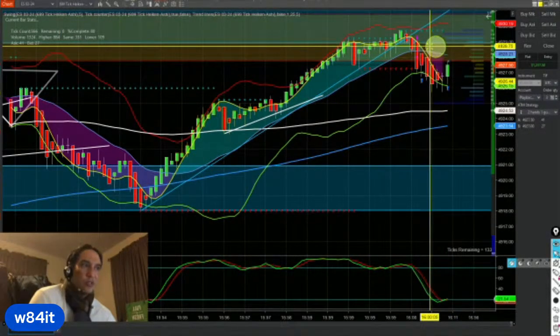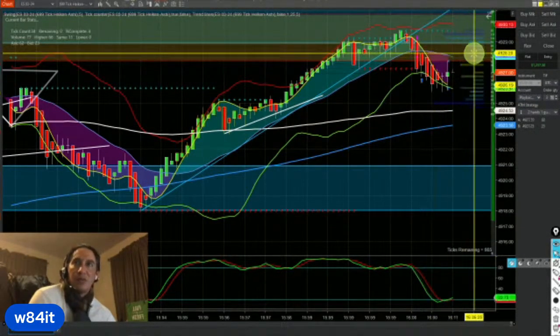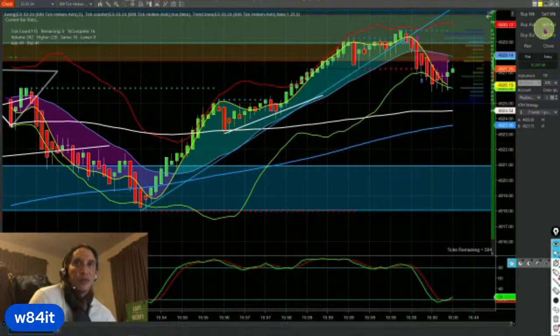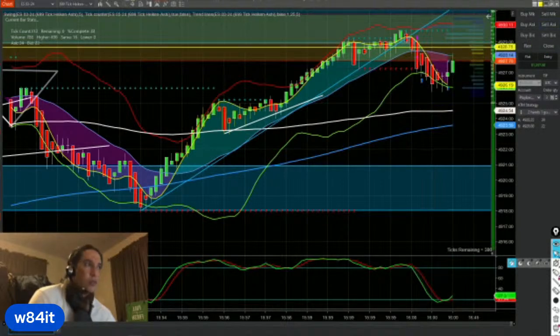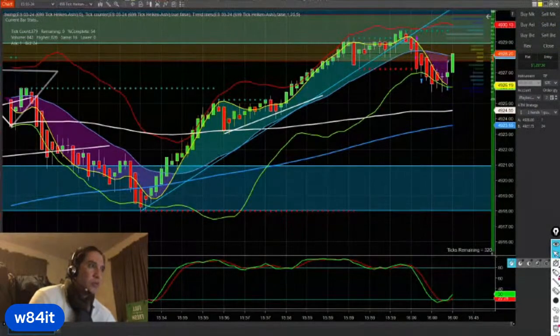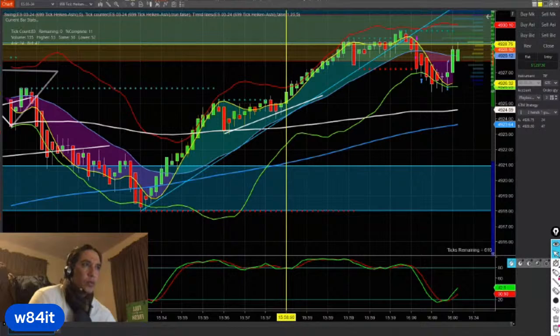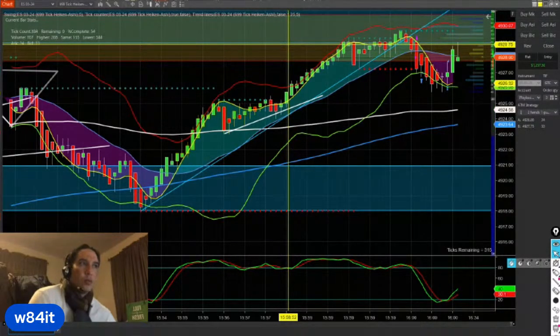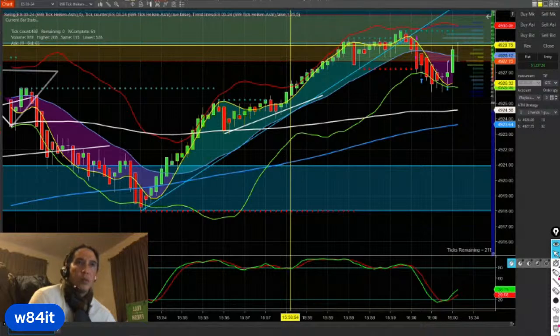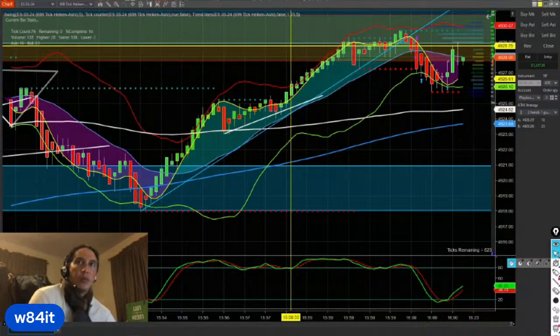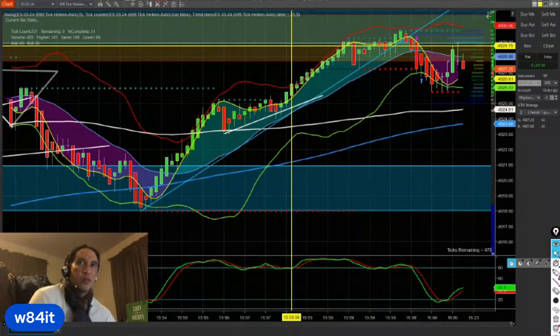Probably going to do a rejection wick right here. And then we'll do another stack. Yeah, I don't know about the continuous thing, but rejecting there. See if it gets bullish right here. Nope.